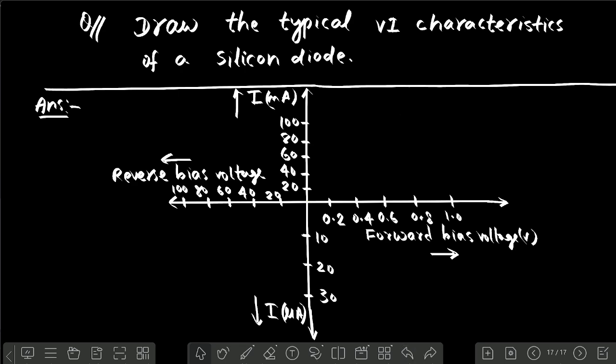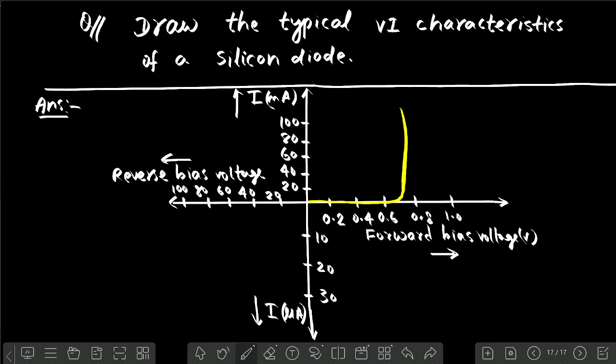See, at 0.2 current is 0, at 0.4 current is 0, from 0.7 current is increasing.